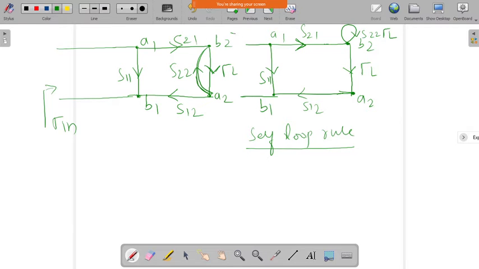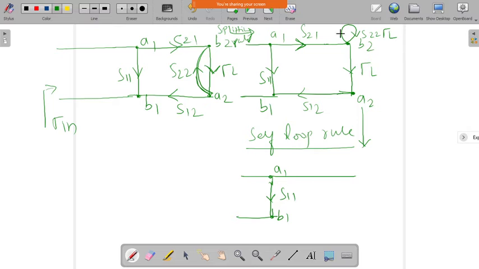Now this is what is obtained after the splitting rule. If I apply the self loop rule, this can be reduced into A1, B1, sorry, the arrow mark is downward, this is S11.